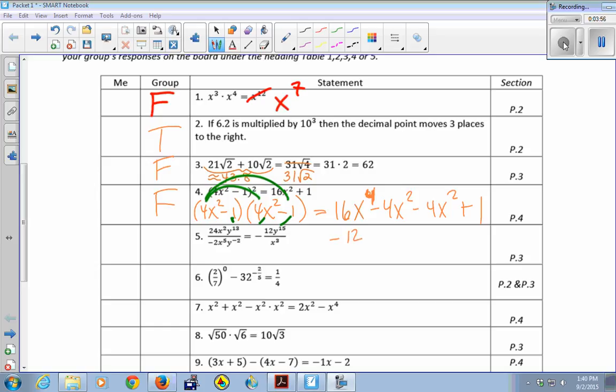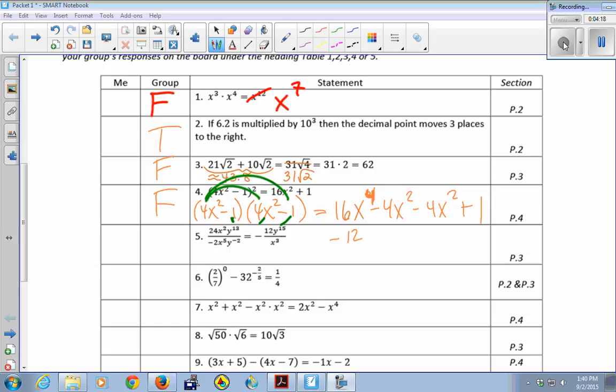And then for y's, I have y to the 13 over y to the negative 2. So what do you do with a negative exponent? Yes, 1 over. A negative exponent typically indicates movement.